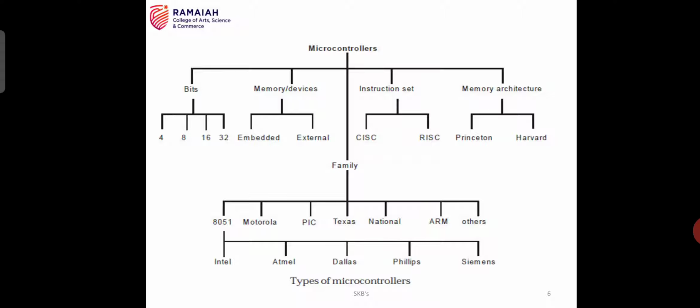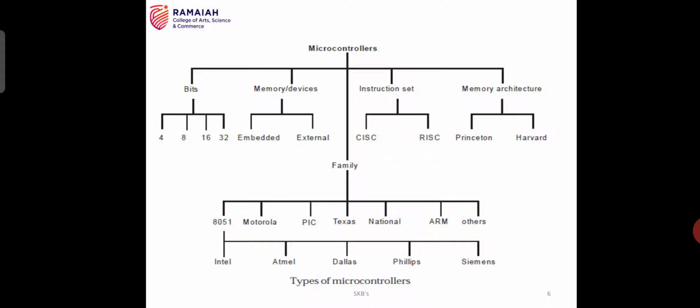And if it is able to handle 8, 16, 32 bits, that will be called their word length.